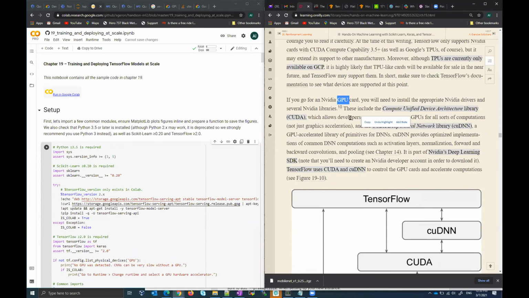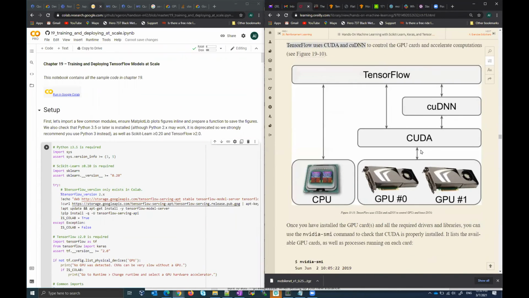But anyway, TensorFlow is going to use the CUDA and the CUDA DNN libraries to reach the GPUs. So we need to get those installed and working before using TensorFlow. TensorFlow will also be talking with CPUs for some tasks.